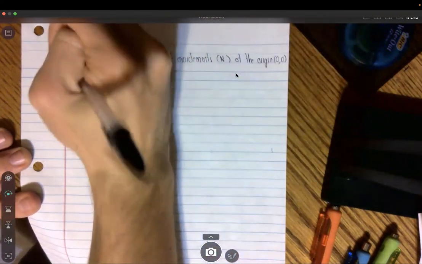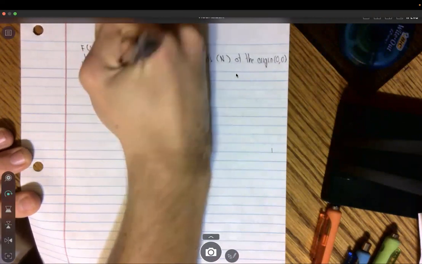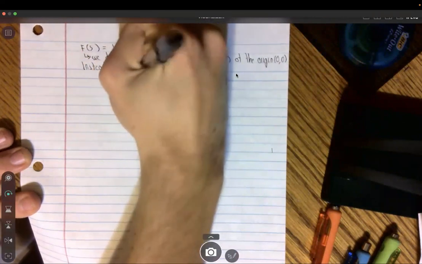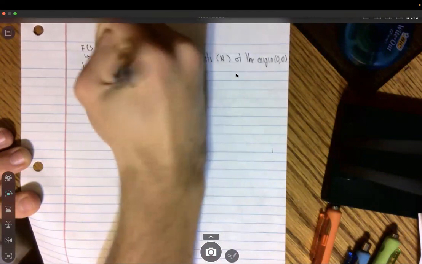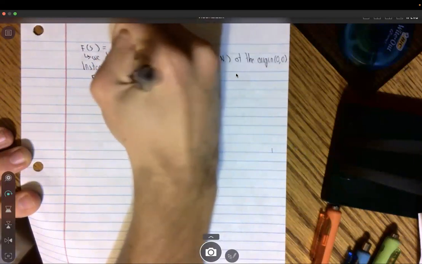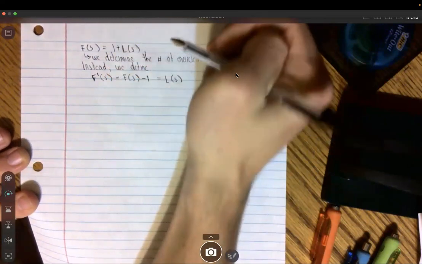And so what we do, to make it easier, is we define f prime, which is f of s minus 1, which equals L of s, because f of s minus 1 would just equal L of s.